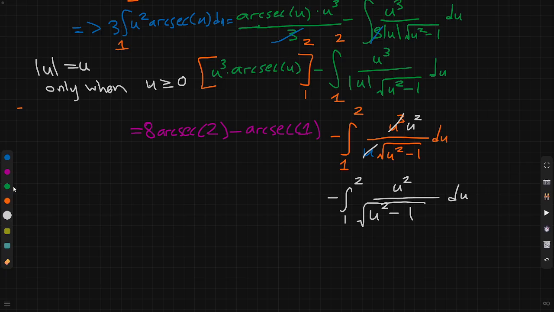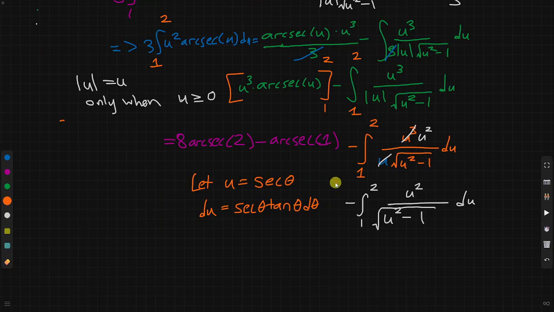Now I can evaluate this with a trigonometric substitution. Because I have a u squared minus a squared, I'm going to let u equal a times secant of theta. But a in this case is just 1, so 1 times secant theta is just secant theta. That way du is equal to secant theta tangent theta d theta.